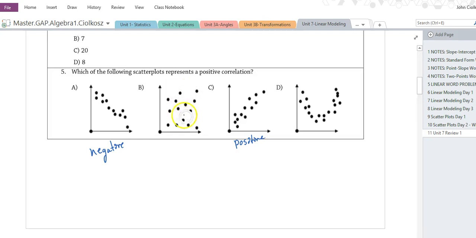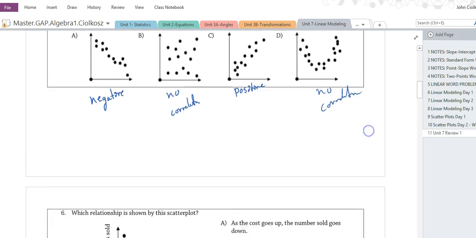Here, it doesn't look like there's any pattern, so this is no correlation. It means the data doesn't really have anything to do with each other. Here, same thing, it's not going up or down. Looks like it's going down and then up, so we're going to call that one no correlation as well. So again, just having a general idea about positive, negative, or no correlation.